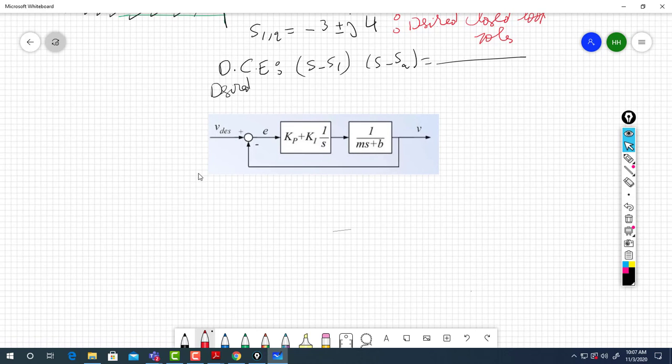So maybe this is part C of the question. Part A was to find Kp and Ki that give you settling time less than 1 second and peak time less. Then once you find your Kp and Ki, you do the identification. So now you have them.